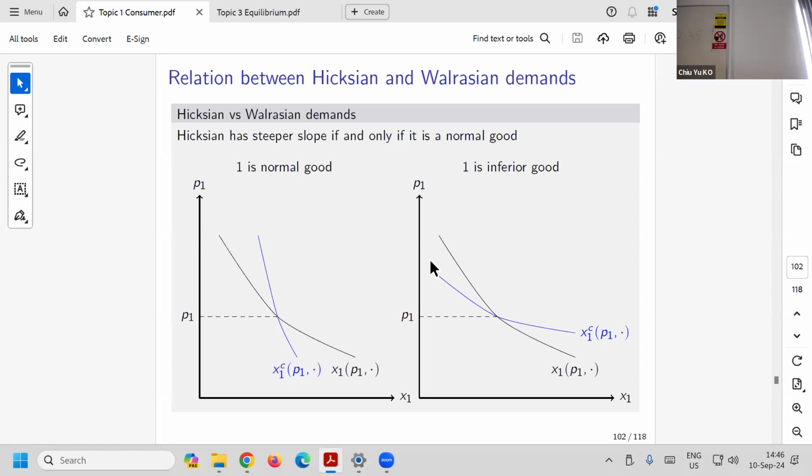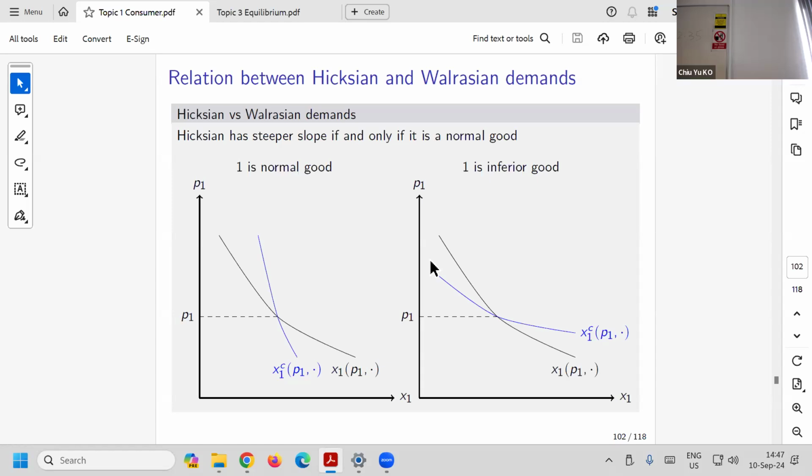Why the normal good? Because normal good means the income effect is positive. And when your price goes down, you have more money, so the income effect is positive.